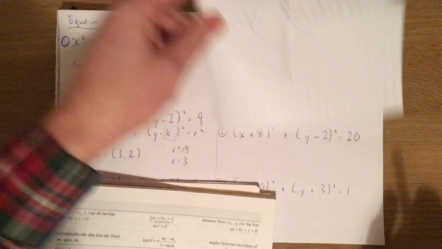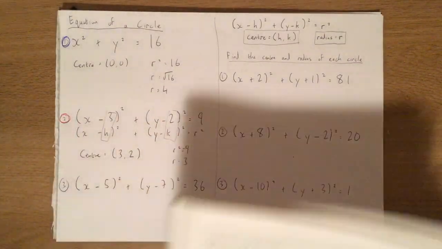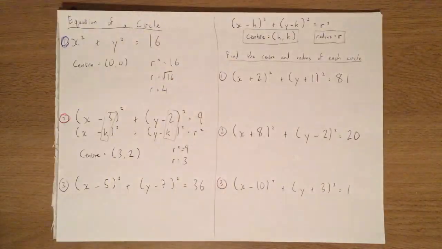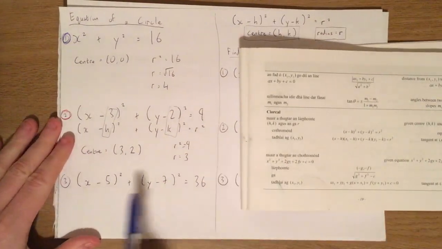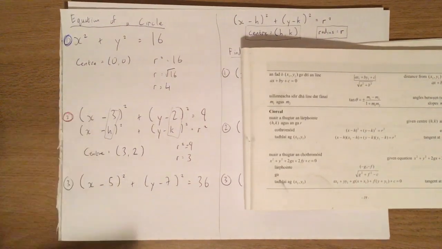All right, to continue on with more examples of this then, just this one down the bottom: x minus 5 squared plus y minus 7 squared equals 36.